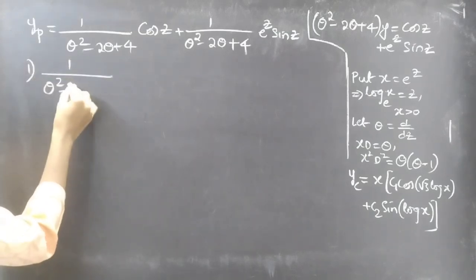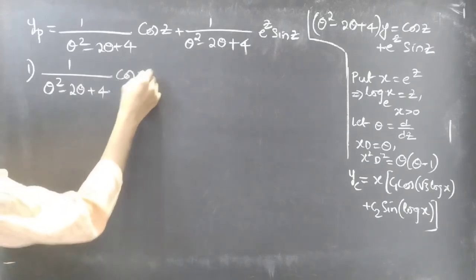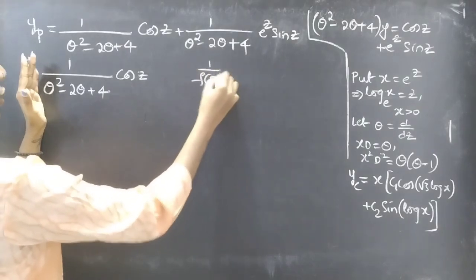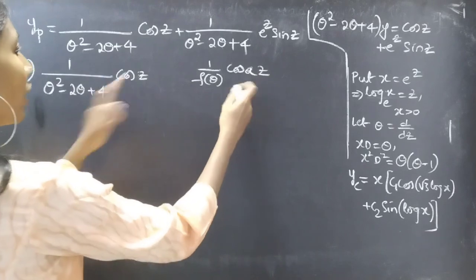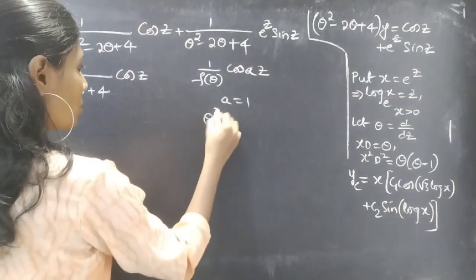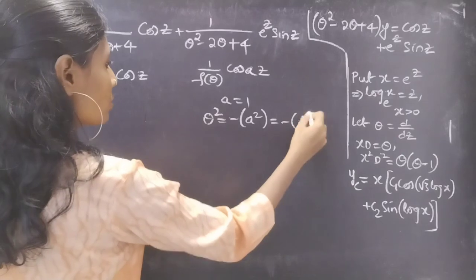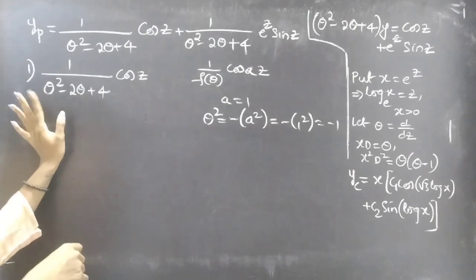First one, 1 by f of theta, theta square minus 2 theta plus 4 into cos z. Right, this is of the form 1 by f of theta into cos az, for a equal to 1. We'll find theta square, which is given by minus of a square, which equals minus of 1 square, which is minus 1, right? Now, we need to check the denominator by replacing theta square by minus 1.